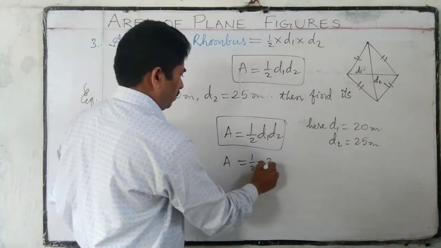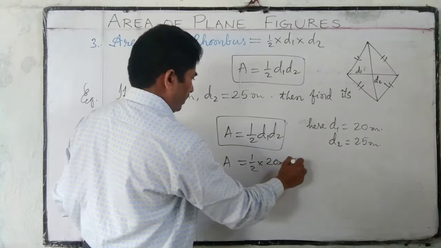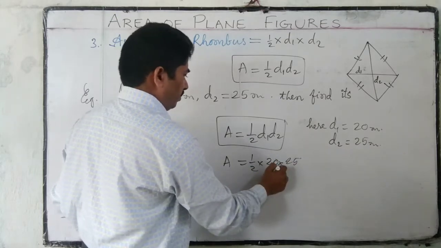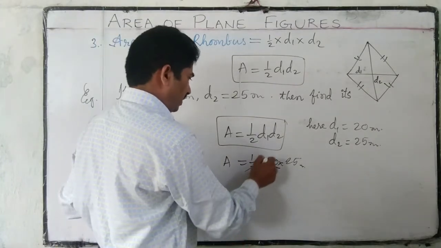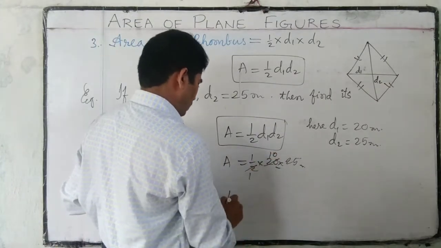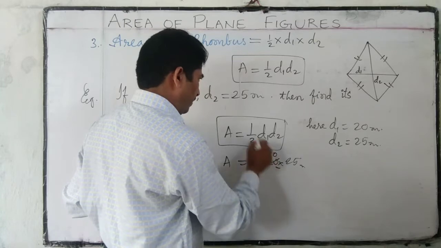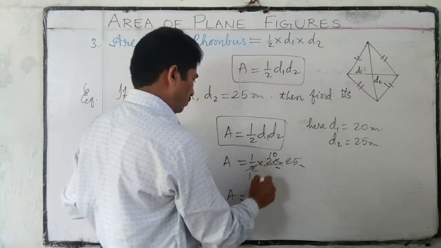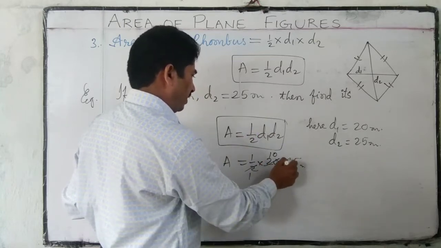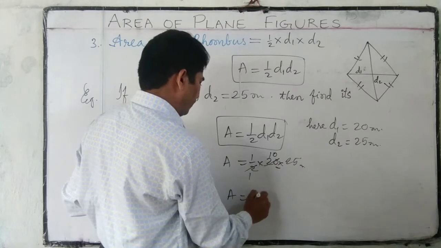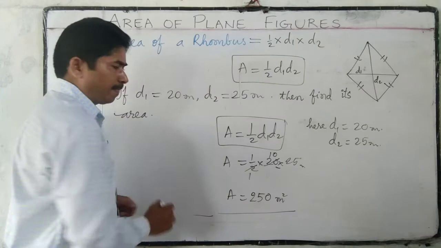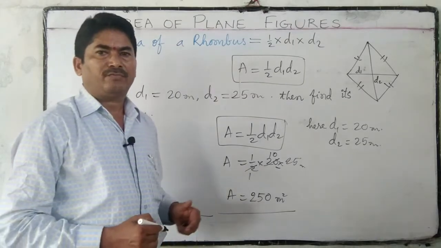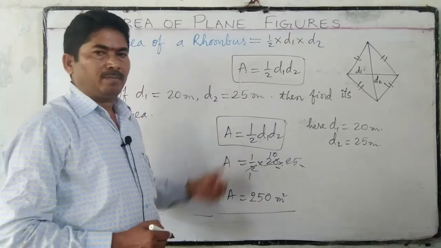D1 20, D2 25 meters. This we have to simplify, 2 ones, 2 tens. A is equal to area of rhombus. A is equal to 25 tens are 250 square meters or meter square. This is the method of finding area of rhombus.